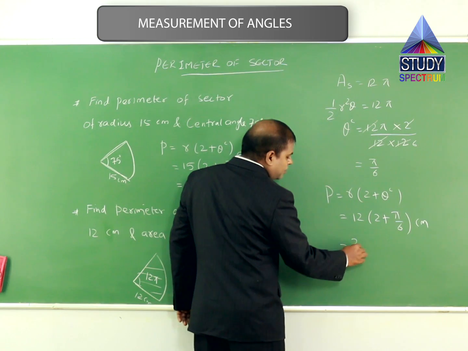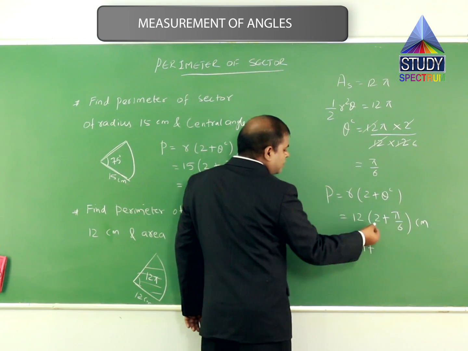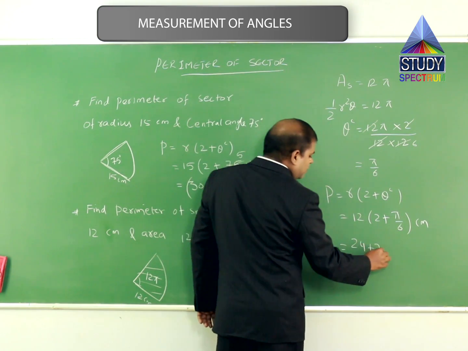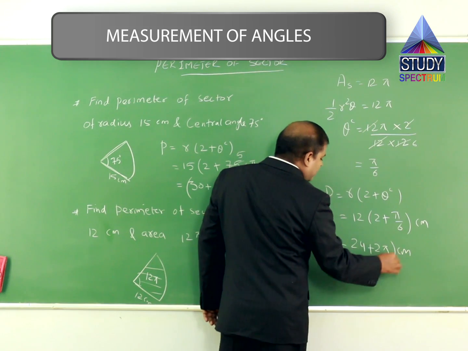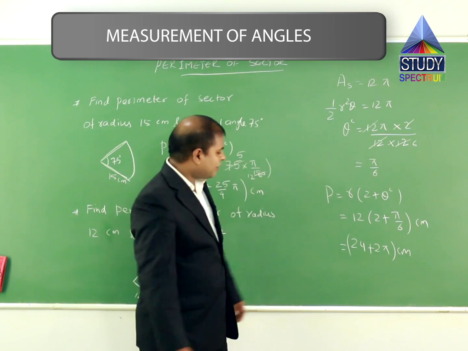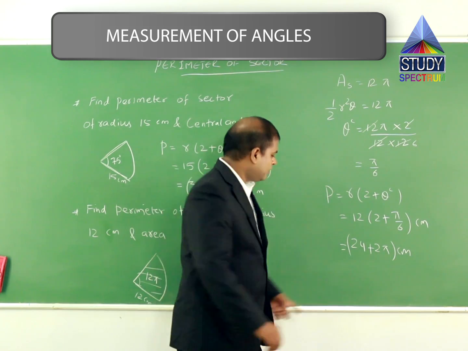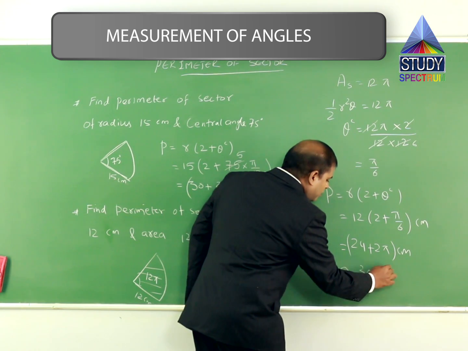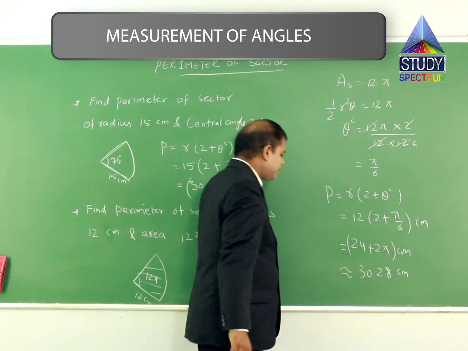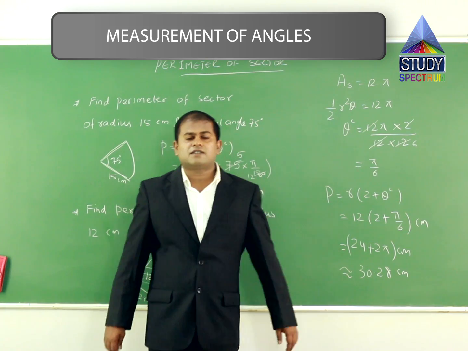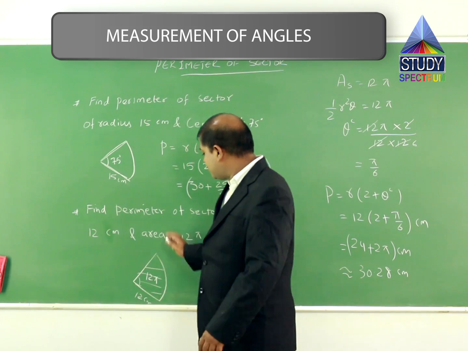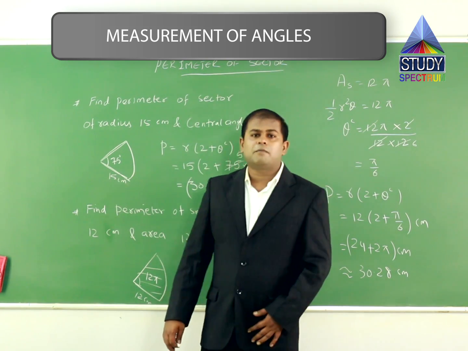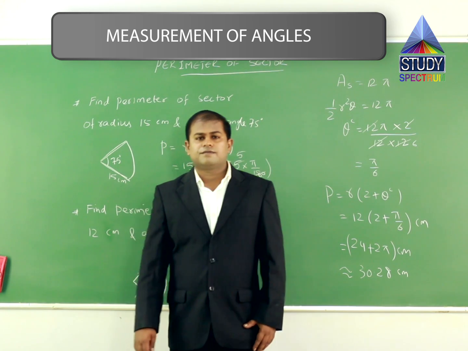Open this bracket: 12 into 2 is 24 plus 12 into pi by 6, that is 2 pi centimeter. If you assume pi to be 3.14, then twice of it is 6.28, and the final answer would be 30.28 centimeter. So this is the perimeter of the sector, radius of which is 12 centimeter, and area of the sector is 12 pi centimeter square. Right?